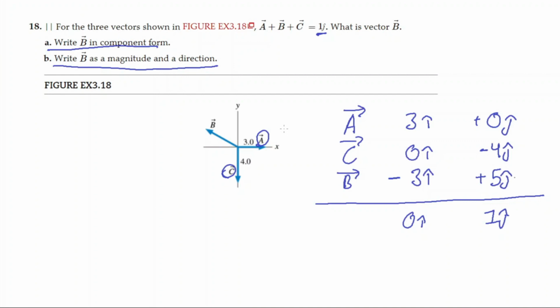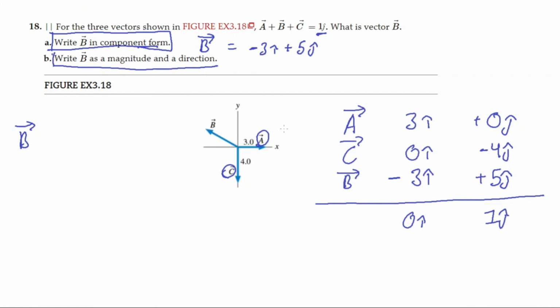So our y component is going to be 5j. And now we've got to write b in component form. So b in component form is going to be equal to negative 3i plus 5j.